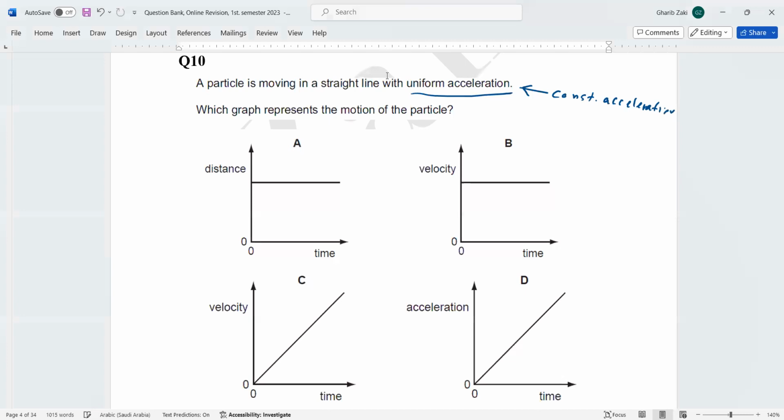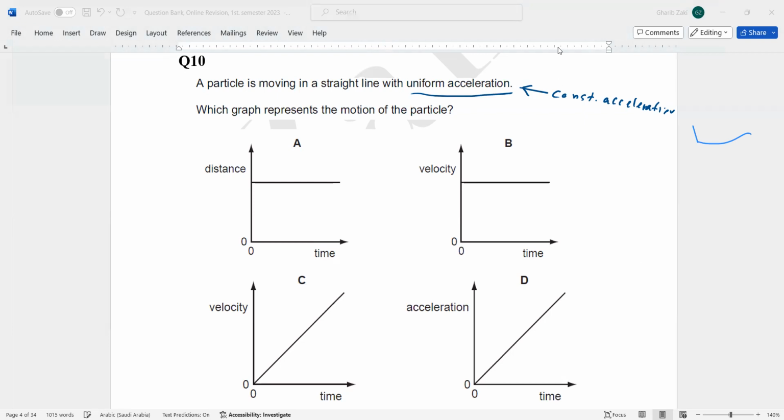Let us discuss each one. Velocity time graph here means the velocity is constant. But we talk about acceleration. So this one, B, is not correct.